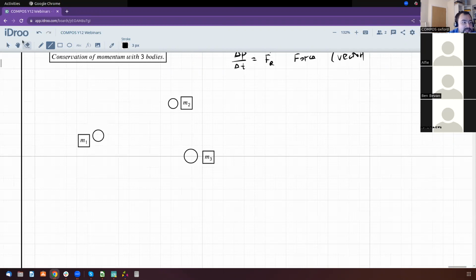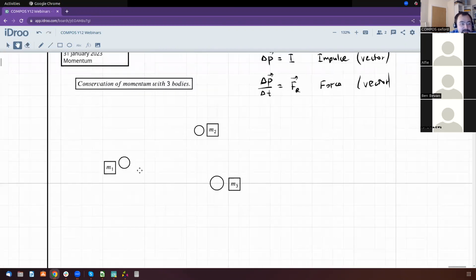Okay, so let's say we have a system of 3 objects, and these objects interact. So let's say that object M1 exerts a force on M2. Let's say this is an attractive force. Doesn't really matter what kind of force it is.